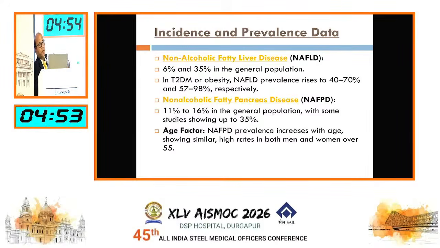In non-alcoholic fatty liver disease, the prevalence is around 6 to 35%, and in type 2 diabetes mellitus and obesity, the prevalence rises to 40 to 70% and 57 to 98%. In non-alcoholic fatty pancreas disease, the incidence is 11 to 16%, and it increases as this disease increases.